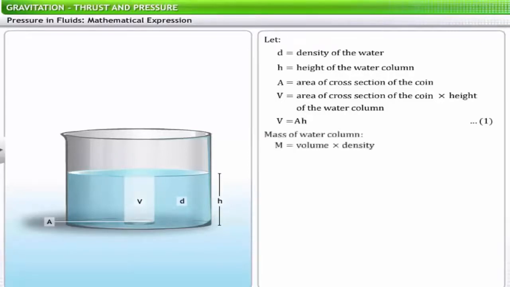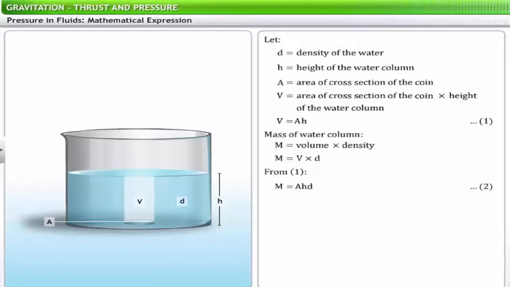The mass of the water in the column, M, is the product of the volume of the water and its density. Thus, M is equal to V multiplied by D. Substituting equation 1 in the expression for mass, you get equation 2.